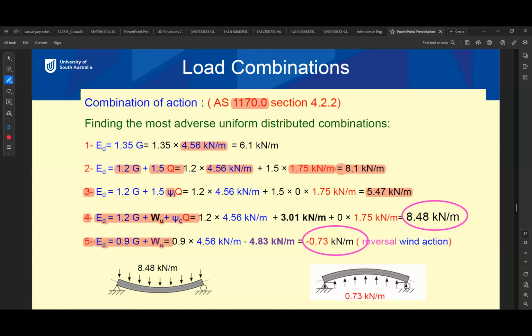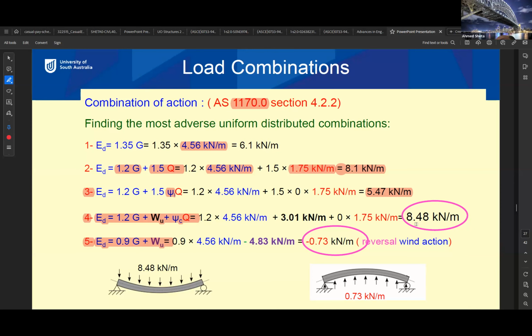So 0.9 times 4.56 minus 0.483. So the final value is negative 0.73. What does it mean by negative? Upward. What does positive mean here? Downward.